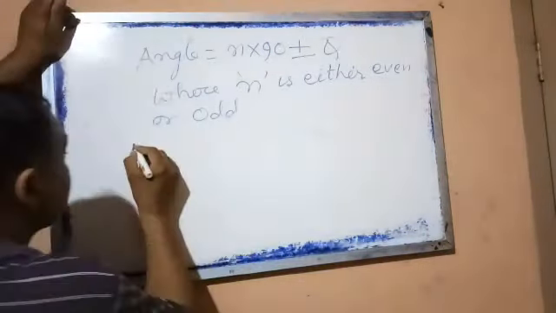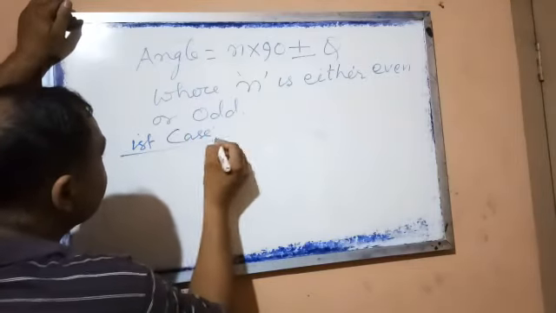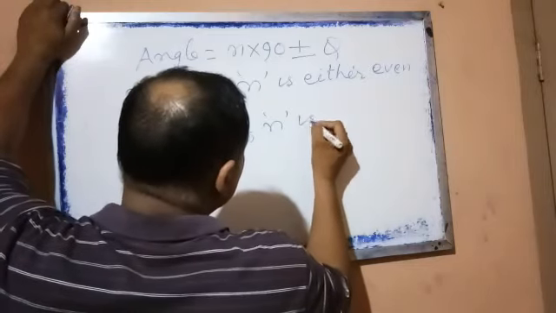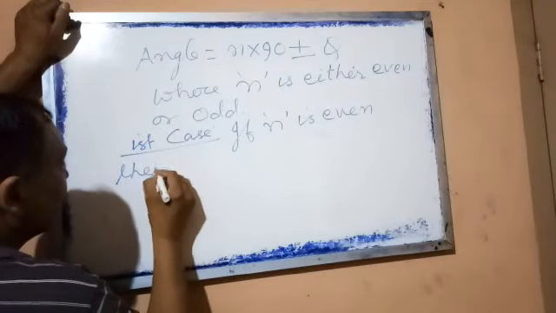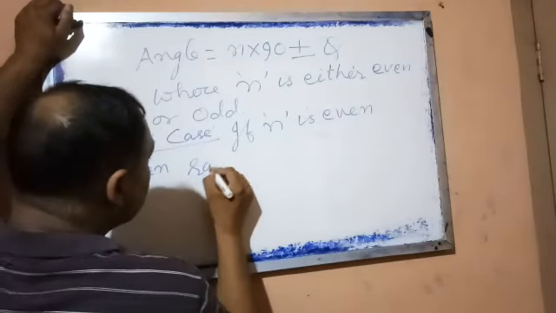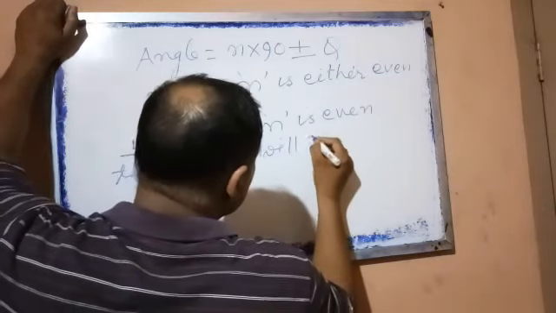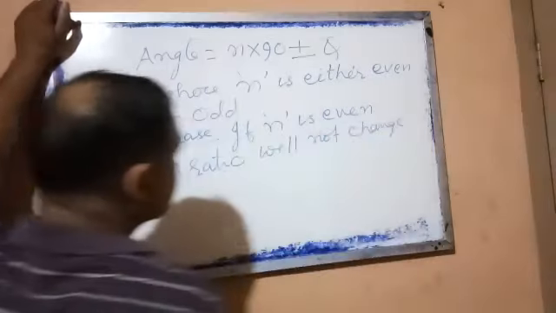Now first case, if n is even, then the ratio will not change, the ratio will remain the same.